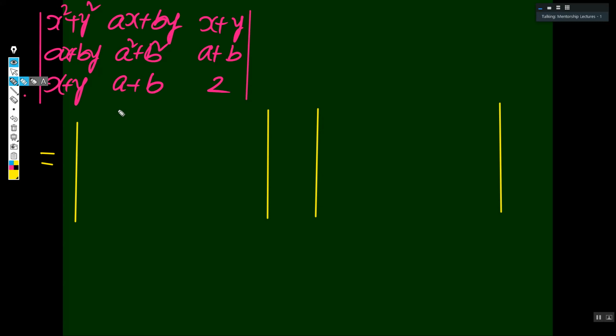x square plus y square is there. I can write 1 x here and one more x here, which becomes x square. I can write one y here, another y here, which becomes x square plus y square.